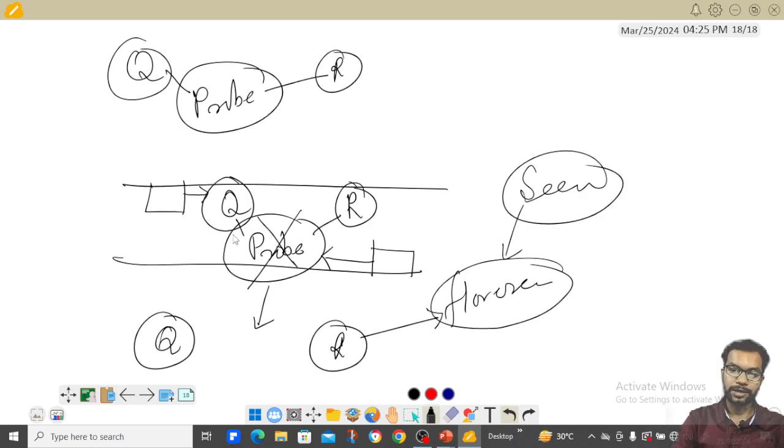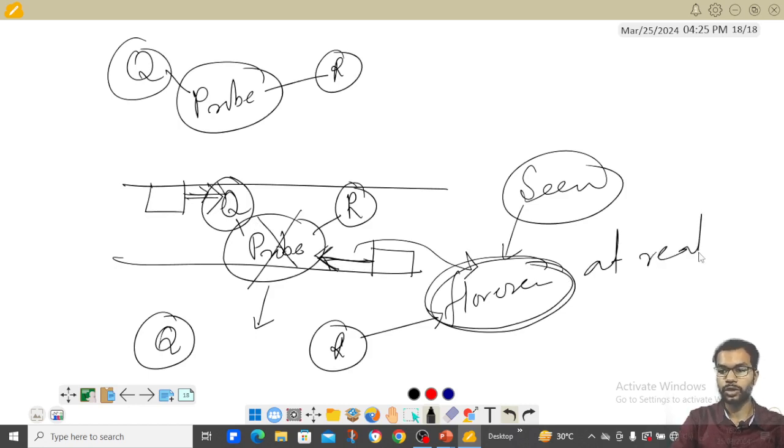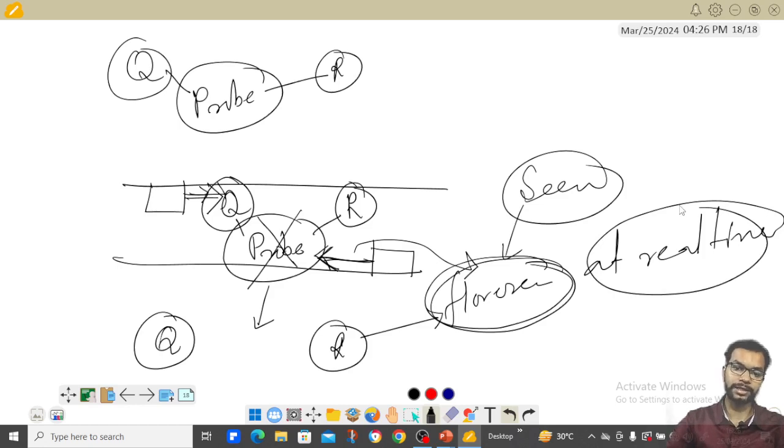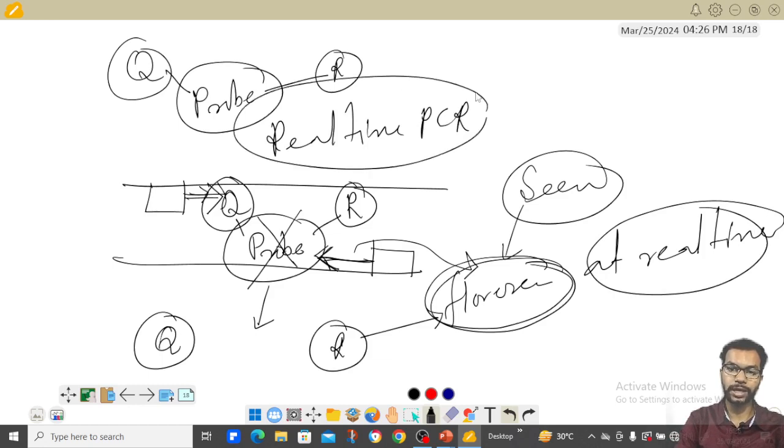That means when extension is occurring, we can see the fluorescence in real time. That's why it is known as real-time PCR.